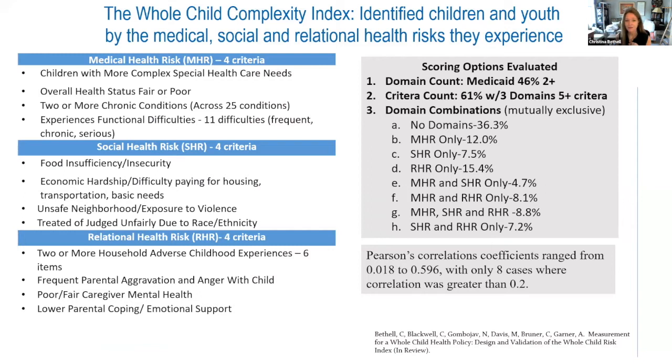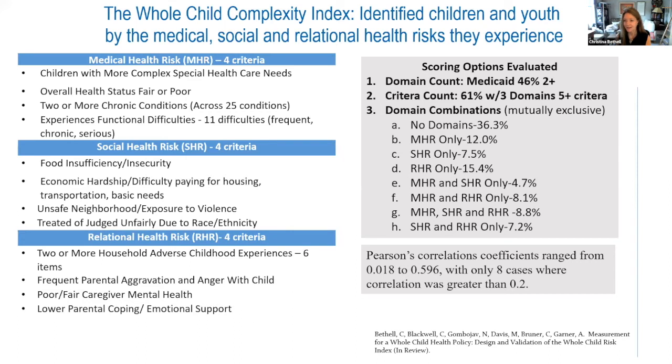And some of these social health risks are all very distinct from a statistical point of view. So food insecurity and insufficiency is different than having an unsafe neighborhood or being treated unfairly due to race, racial discrimination, which we know is a public health issue.